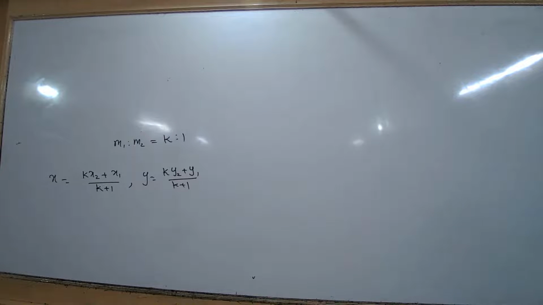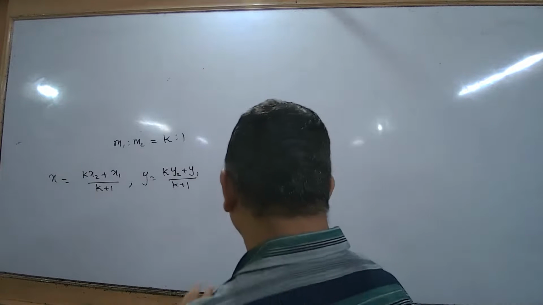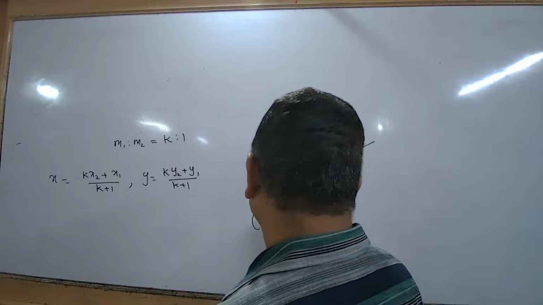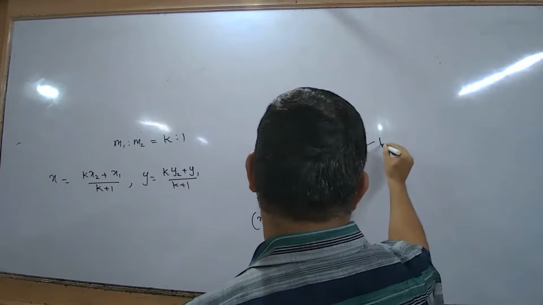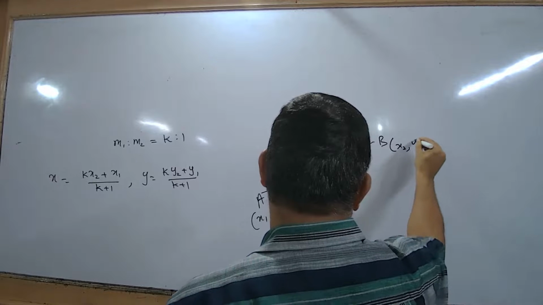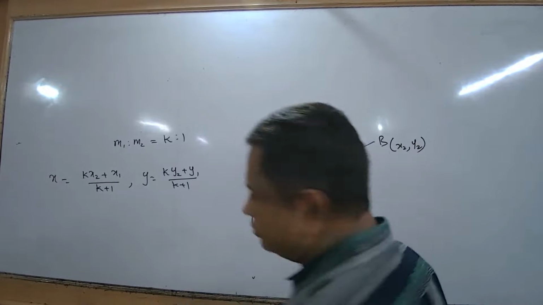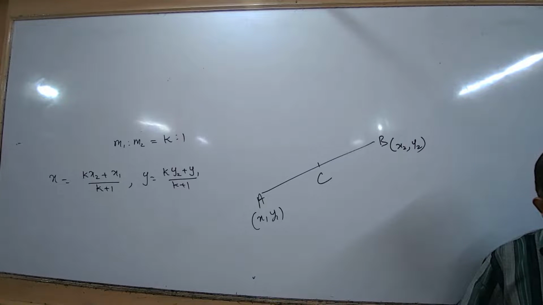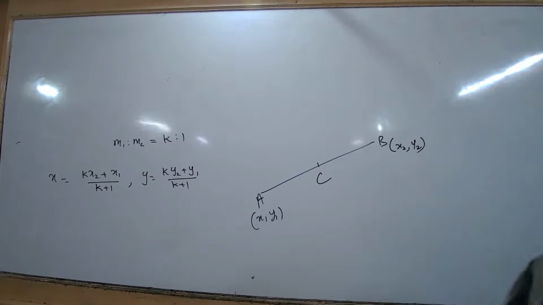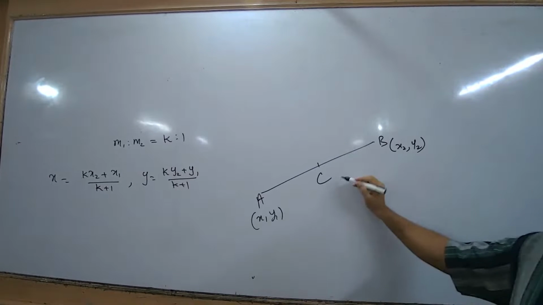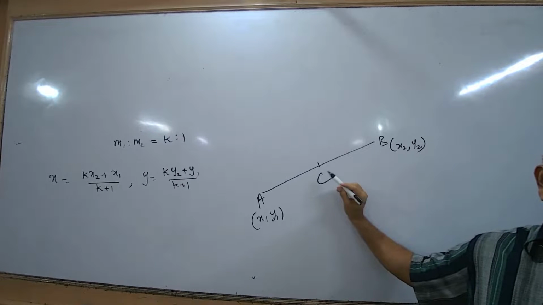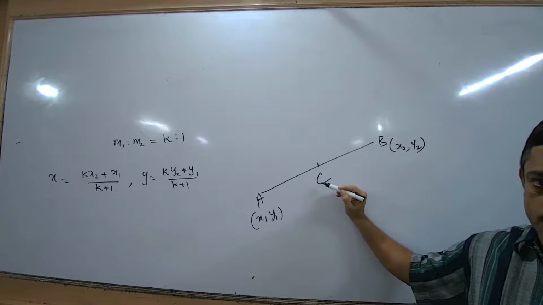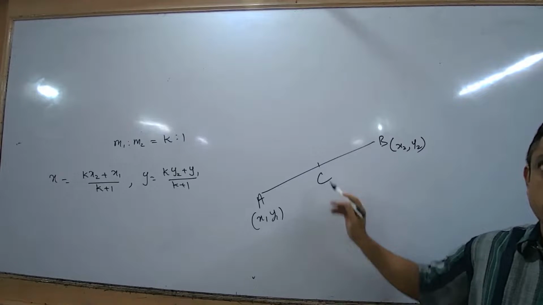Now, look here. If C is the midpoint of AB, then what will be the ratio AC upon CB?